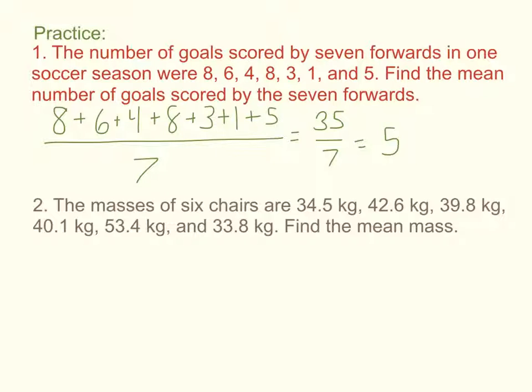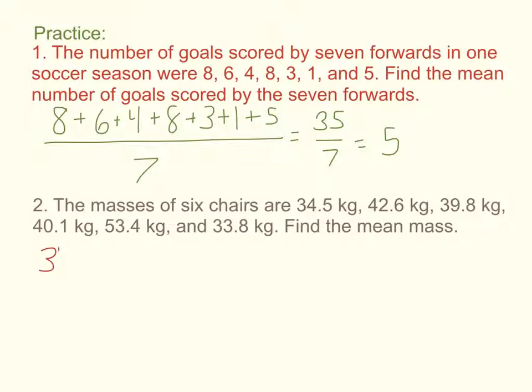Let's try number 2. The masses of 6 chairs are 34.5 kilograms, 42.6 kilograms, 39.8 kilograms, 40.1 kilograms, 53.4 kilograms, and 33.8 kilograms. Find the mean mass.